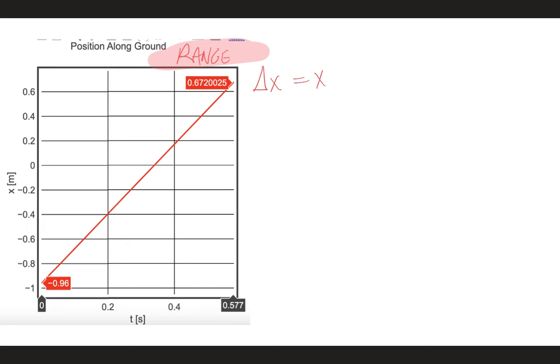It will be x minus its initial thing, and in this case, it will be the range, okay? So we could put in here the final x value was 0.672 minus the initial x value of minus 0.96. And if you crunch those numbers, you get 1.629, which will verify another way.